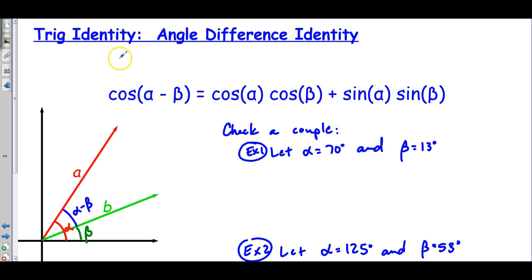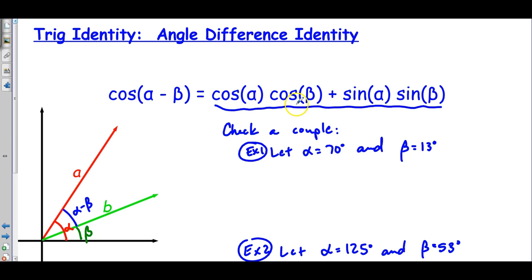And so the trig identity that we're going to make use of here is that this expression, and hopefully that looks familiar, that's the one that we're focused on, the sum of the products of the cosine of each of these angles and the sine of each of these angles is actually equal to the cosine of the angle between the two vectors.